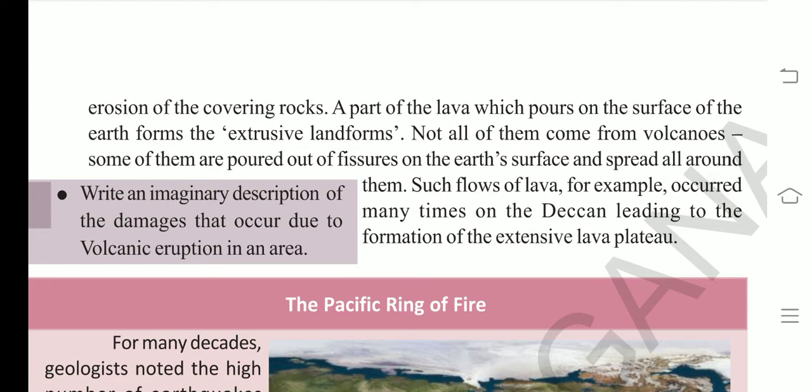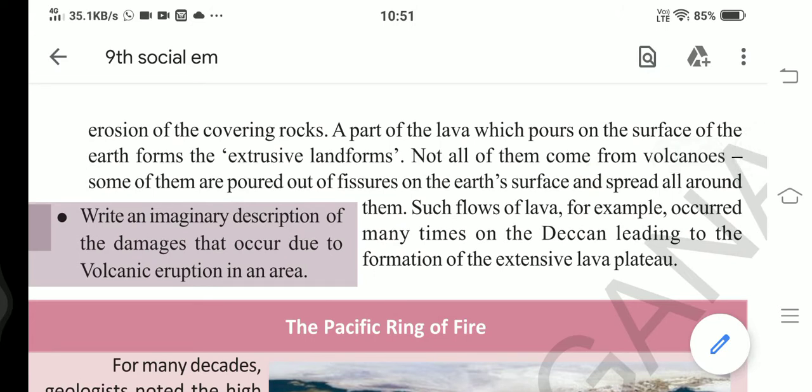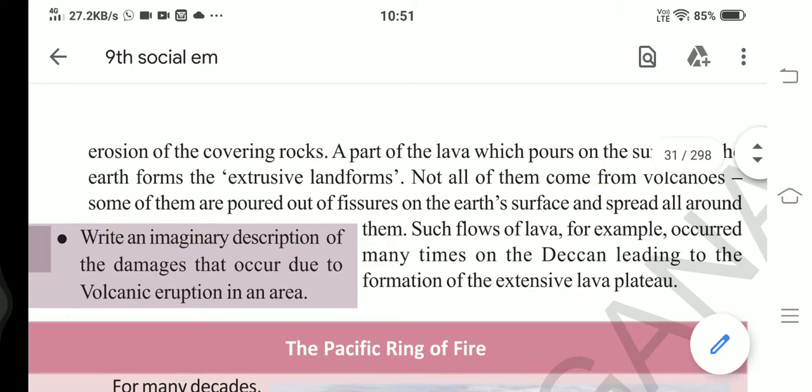So where do we find the Deccan Plateau? The Deccan Plateau is on Earth's surface. So it is under extrusive landforms. As it is formed on Earth's surface, it is called an extrusive landform. So the Deccan Plateau is an example of an extrusive landform.